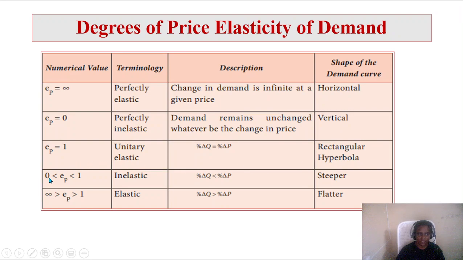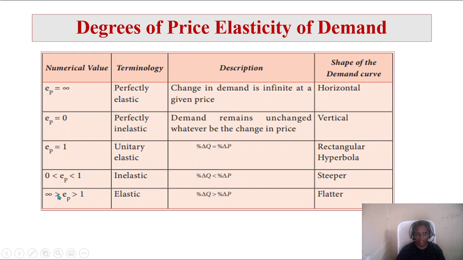Next, when the elasticity of demand is lesser than 1, that is inelastic, the percentage change in quantity demanded will be lesser than the percentage change in the price, and the demand curve will be a steeper one.